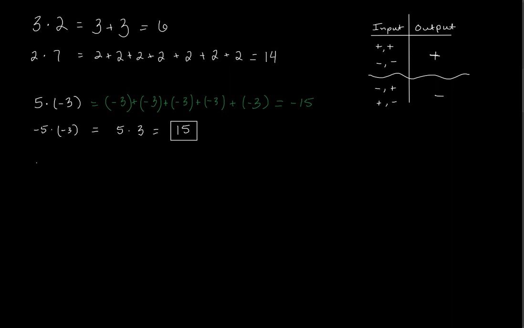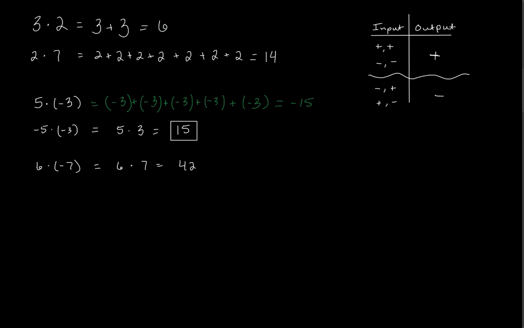input. Let's say that you had 6, and let's say that you had like a -7 or something, right? The absolute value of a positive 6 is just 6. The absolute value of -7 is 7. We know that 6 times 7 gives us 42.